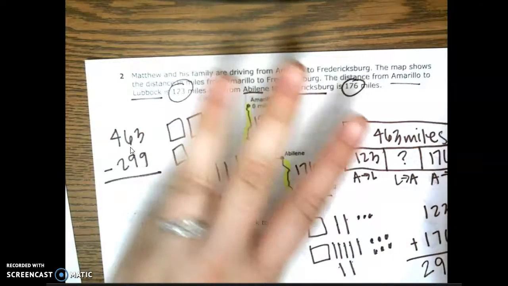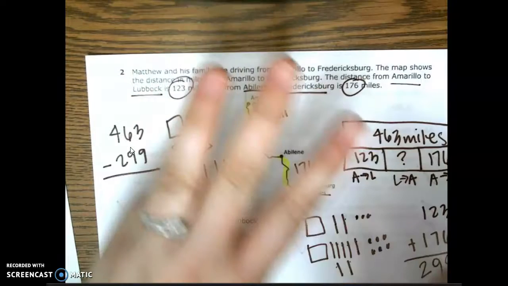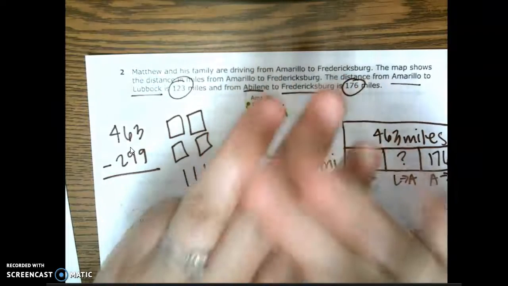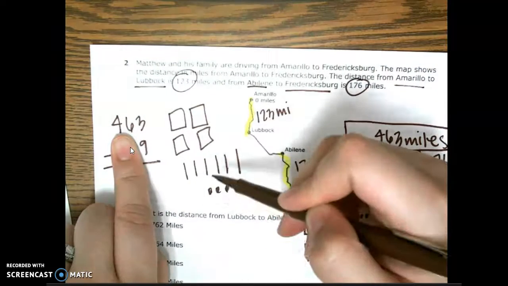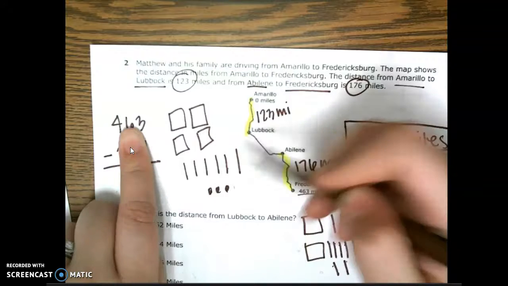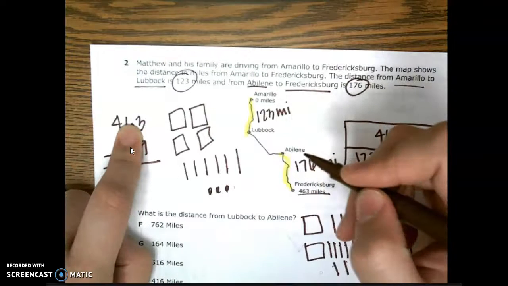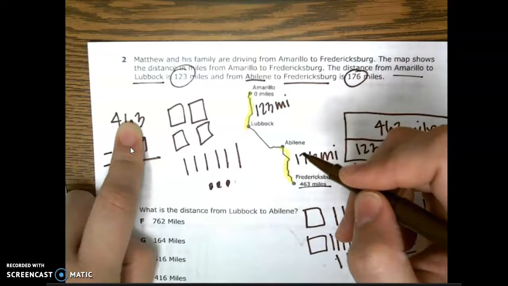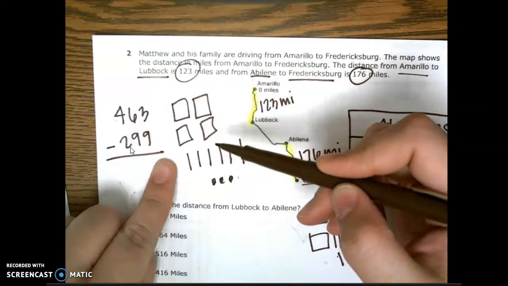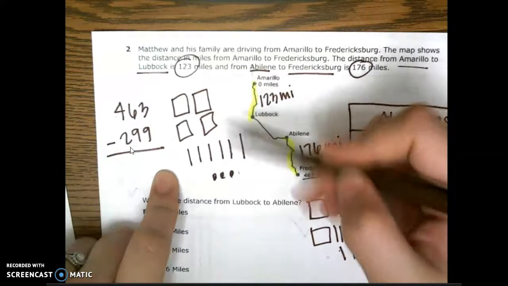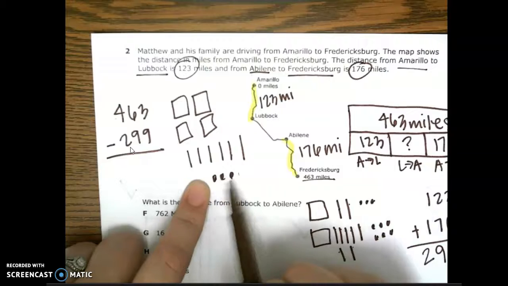If you put 3 on your fingers, I cannot take away 9. I only have 3. I want you subtracting using your place value pieces or place value discs. If you need to, draw your place value pieces on a piece of paper, please do that.